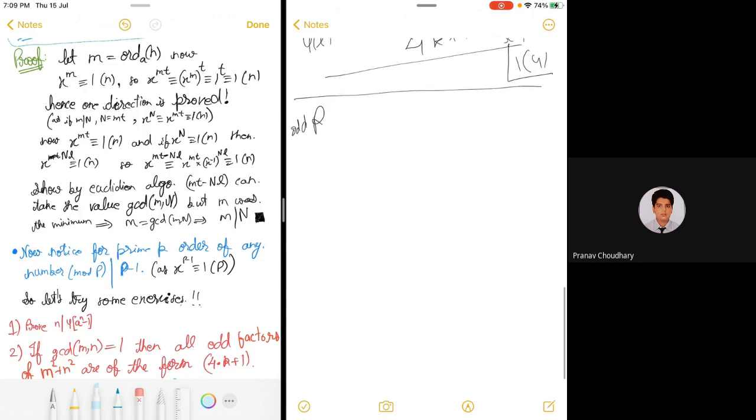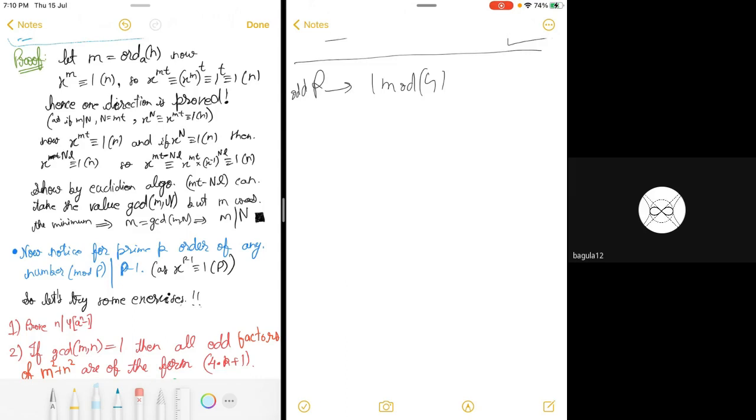Now if we prove that all odd primes are 1 mod 4, then all the factors should also be 1 mod 4. This is because all the factors must be a multiplication of some of those primes, and 1 mod 4 times 1 mod 4 is 1 mod 4. So we have chosen an odd prime factor p of m square plus n square, and after we prove that p is of the form 4k plus 1, then all the factors would be too.